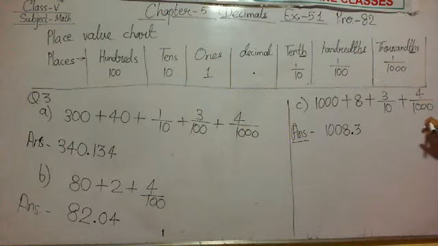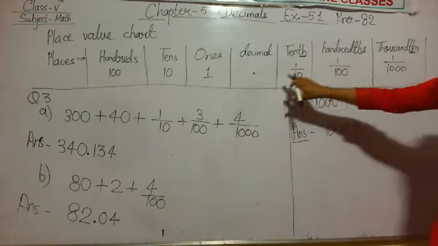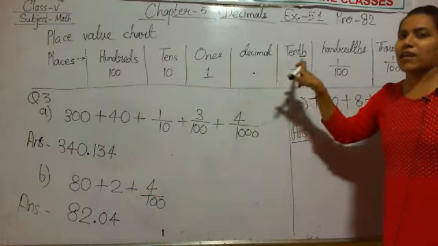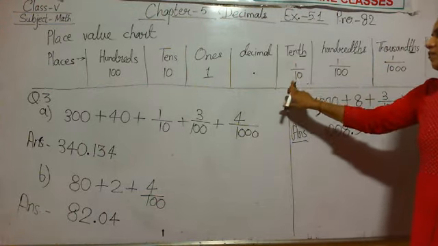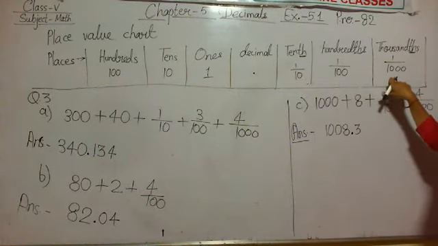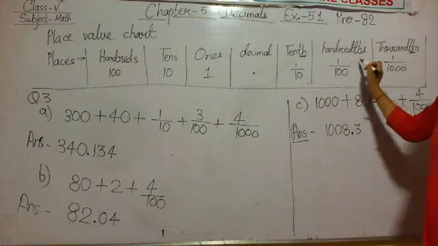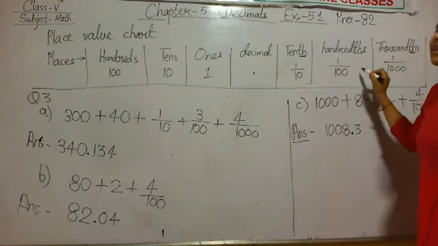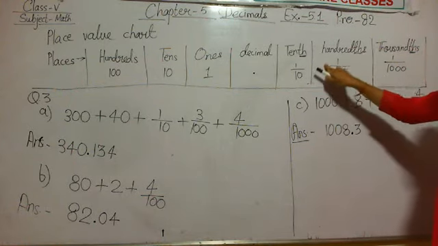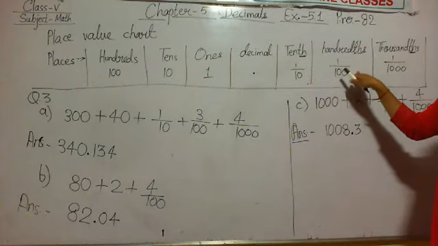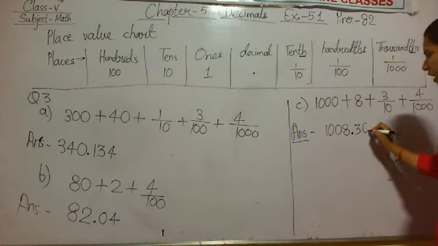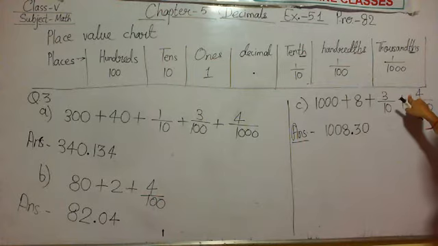Now 4 upon 1000. 1 upon 1000 comes right of the decimal, 1, 2 and at the third place. Here 4 upon 1000 means there is no term for the hundredth place. So at this place I need to put a 0 as no term is given.